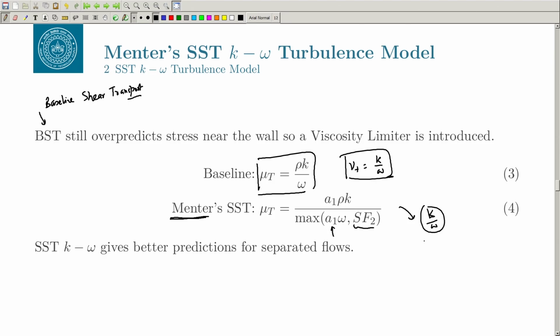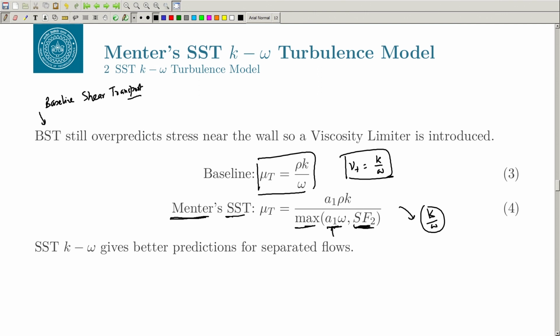But if you use the baseline turbulence model, it is still going to produce a very high level of k by omega. So, what Mentor's SST does is it uses some kind of limiter here. You can see the function, this is a max function. It will take a max of this, and because this is in the denominator, your value of this k by omega, or basically effective k by omega, will go down.